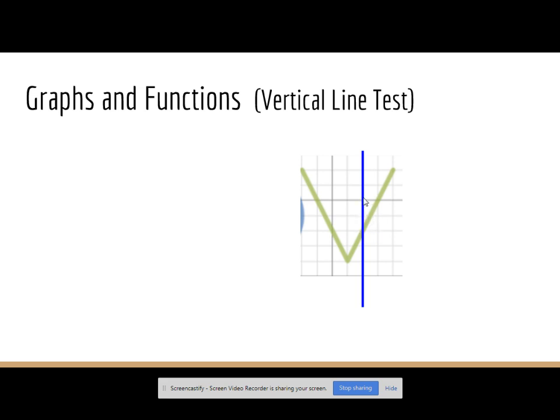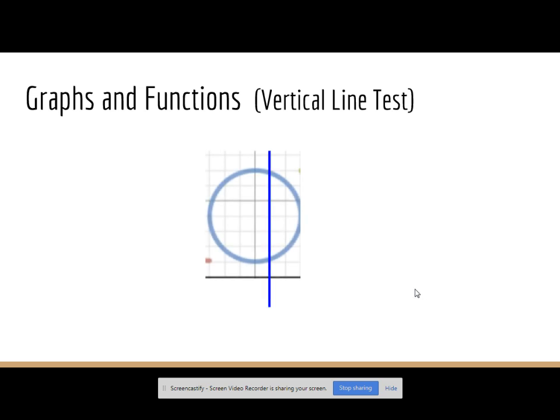So when 2 goes in as the x value, -2 comes out, and that's it. There's no other value that comes out. If I drew the vertical line over here at x is -1, it would only cross the graphed line one time, right here at -1, 0. So anywhere along this graph, if I draw a vertical line, I get one output. So this is a function.